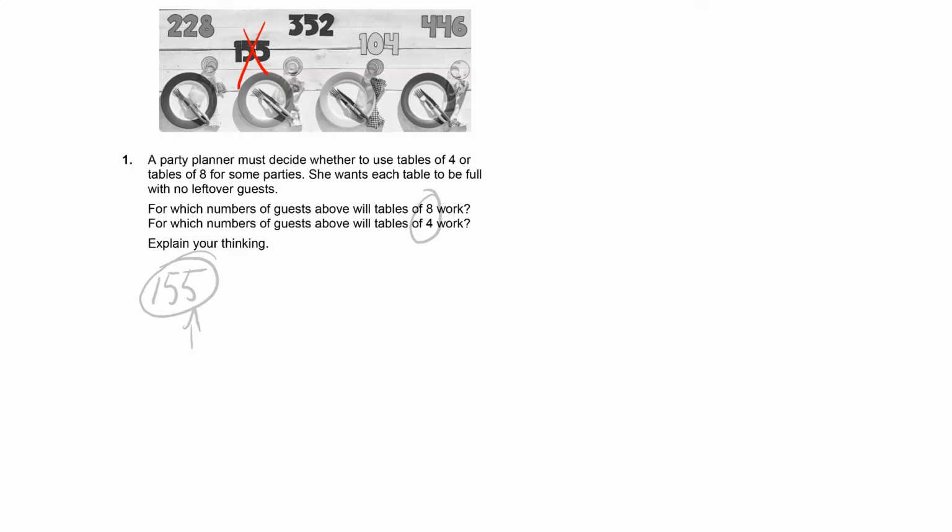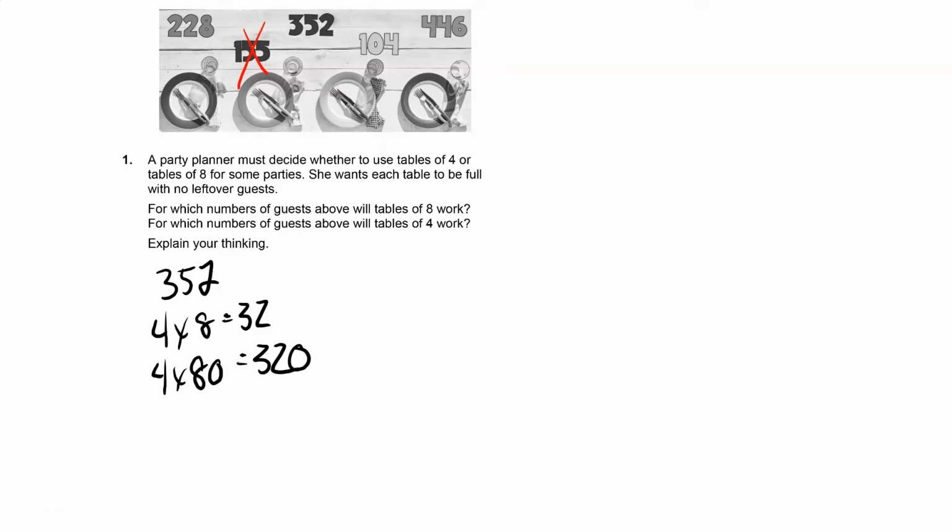How about 352? Well, I know that 4 times 8 is equal to 32, so 4 times 80 would be equal to 320. So 352 could be 4 times 80 plus 32. So then the question is, is 32 divisible by 4? And of course 32 is 4 times 8.